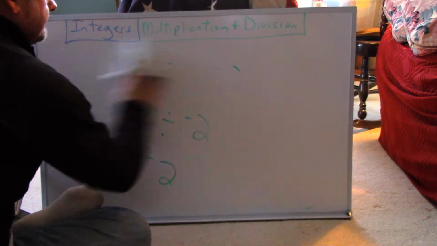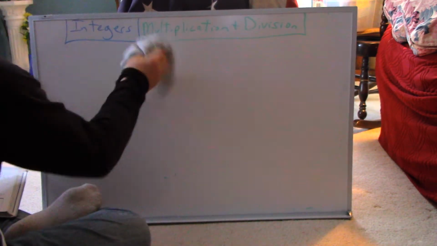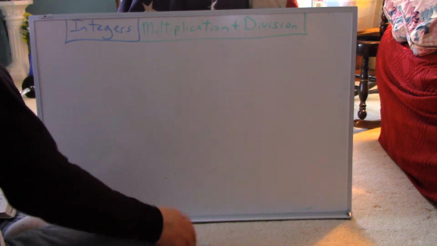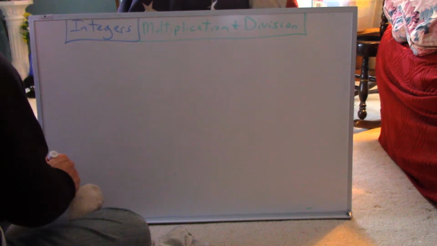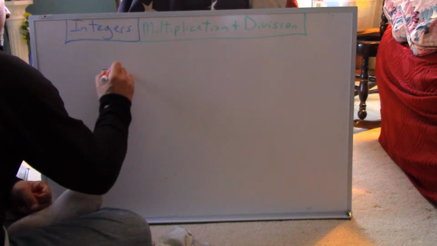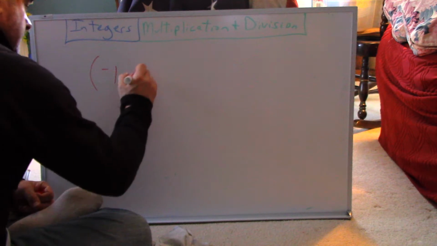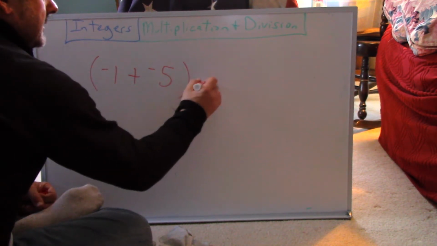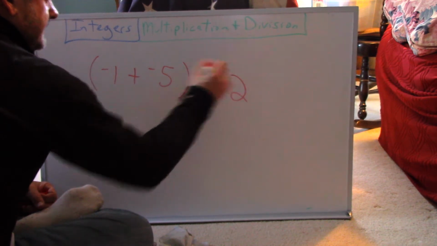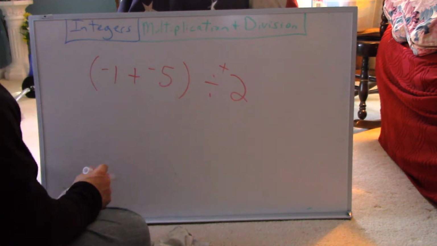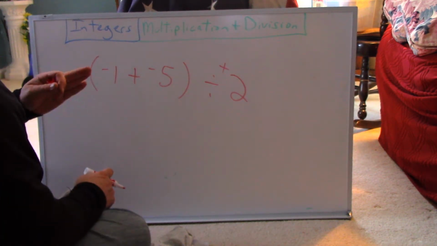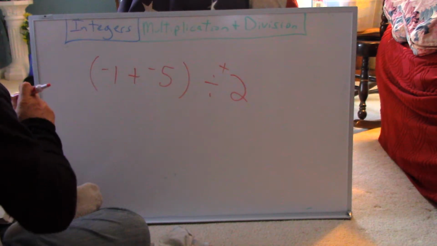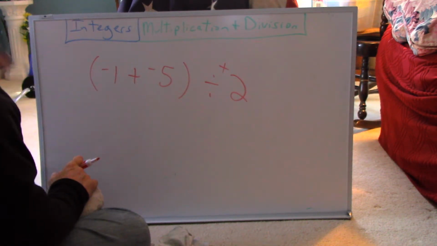Okay? A few more, and then we'll call it a day. Here's one that's interesting. Negative 1 plus negative 5, divided by positive 2. So we'll do what's in parentheses first. I'm going to do a PEMDAS video. I didn't get to that yet, but I'm going to get to it.